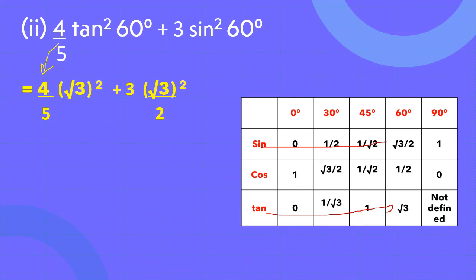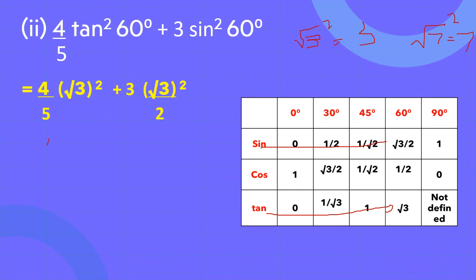Okay, so I write down 4 upon 5 as it is, and root 3 square. So children, whenever you get the square of any square root, for example root 3 square will always be 3, or if you have root 7 square, it will be only 7. Okay, so similarly here root 3 square will be 3.